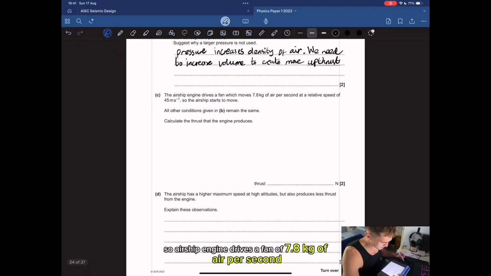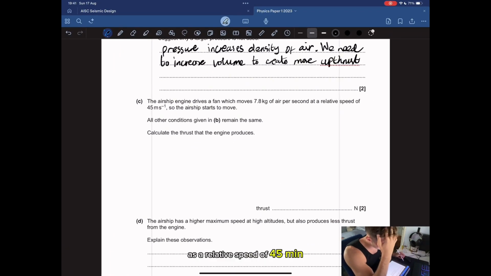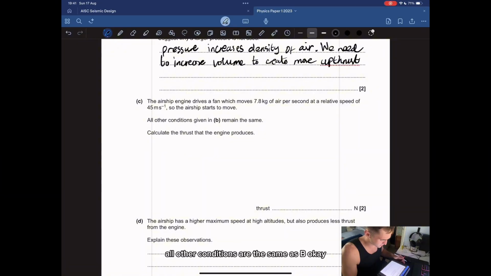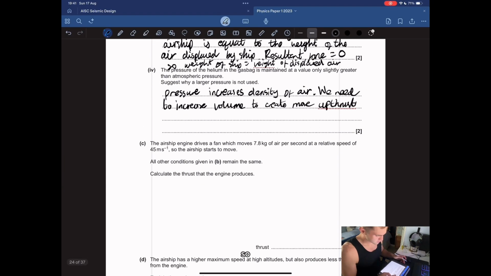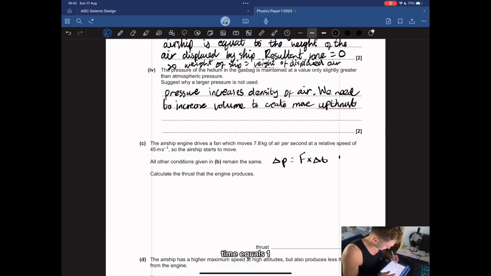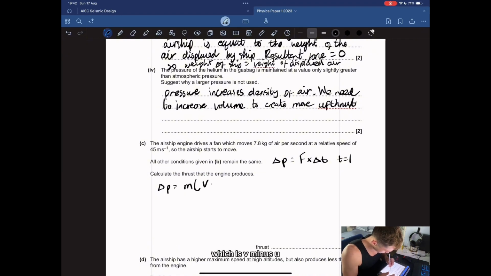So the airship engine drives a fan of 7.8 kilograms of air per second. That's a relative speed of 45 meters a second. So the airship starts to move. All other conditions are the same as B. So we can say that change in momentum equals force times change in time. Time equals 1. So the change in momentum is the mass times the change in velocity, which is v minus u.